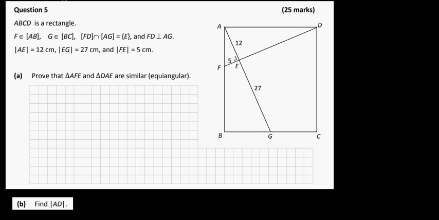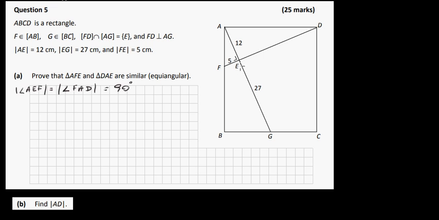First thing we're going to have a look at is AFE and AFD. So AFE, this little triangle here, and the big triangle here. First thing we want to do is say that the size of the angle AEF, in other words this angle here is 90 degrees, and also FAD here is equal to 90 degrees.